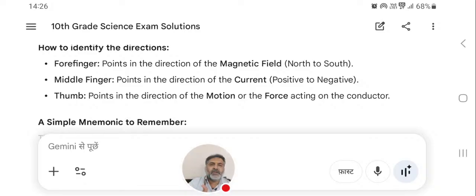How to identify direction? Forefinger points in the direction of the magnetic field, north to south. Middle finger, the direction of current, positive to negative. And thumb points in the direction of motion or force acting on the conductor.